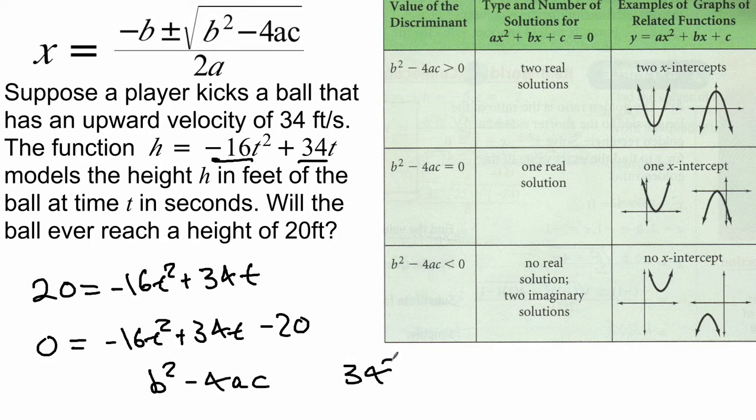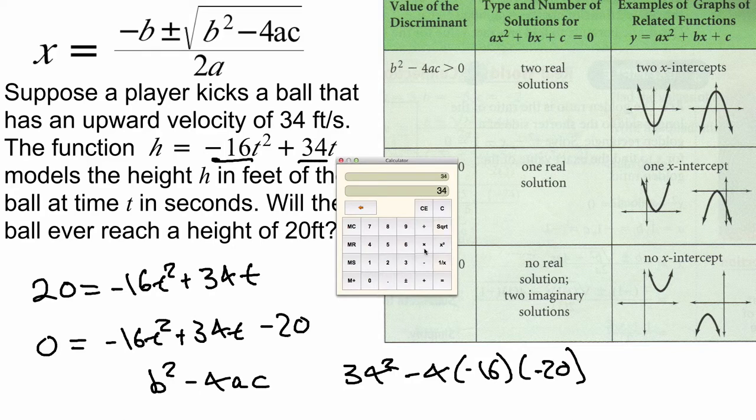So what is 34 squared minus 4 times negative 16 times negative 20? If this is a positive number, then yes, it will reach that height. If it's a negative number, then we're going to have an imaginary solution, which in real-world situations like this isn't going to be helpful. So let's see, what is 34 squared?